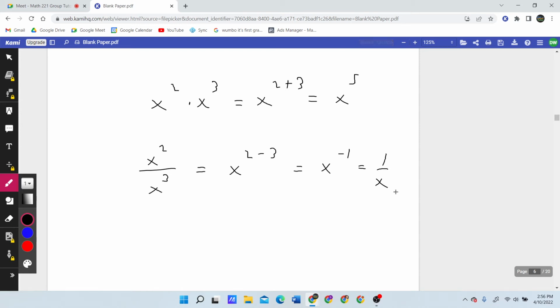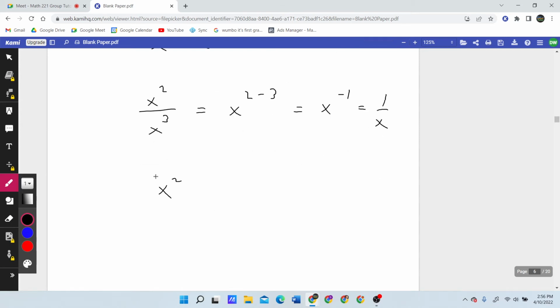And then the third property is if we have x squared and all of that is cubed, when you have a power raised to a power, like here, you multiply the exponents, so it's x to the 2 times 3 power, you end up getting x to the 6th. These are the three properties you absolutely need to know, and from there you can pretty much use any of the other properties to solve the questions that we want to.